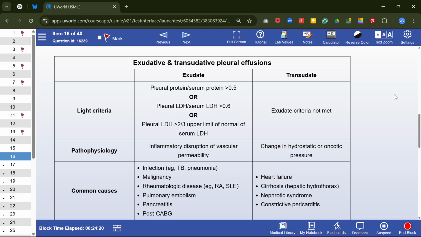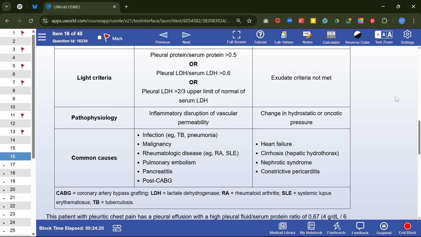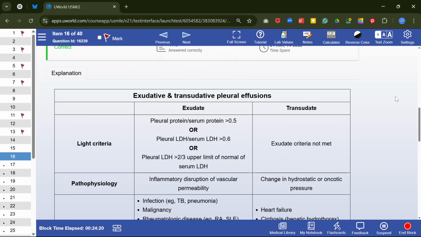Pathophysiology is inflammatory disruption of vascular permeability. Common causes are infection, TB, pneumonia, malignancy, rheumatologic disease, RA, SLE, pulmonary embolism, pancreatitis, post-CABG.